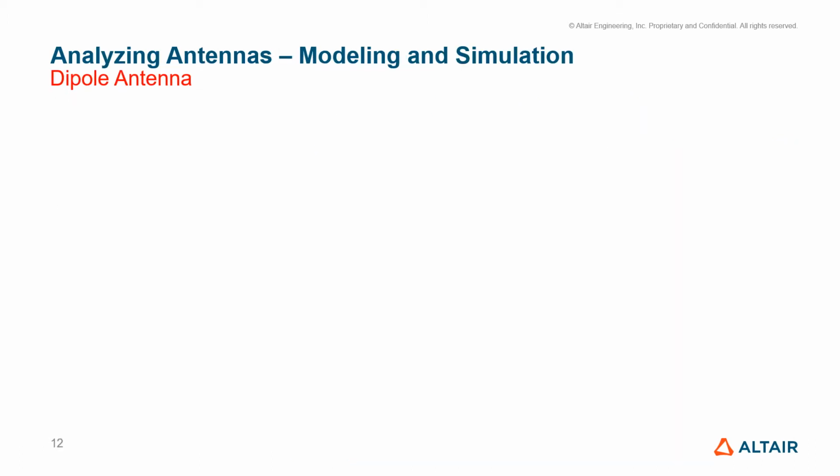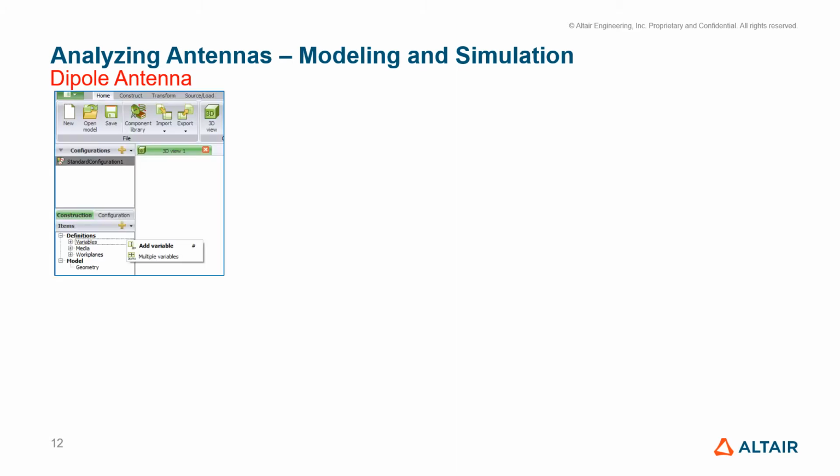The same problem can be analyzed with modeling and simulation using a tool, for example, the Altair Feko tool that we'll talk about a little bit later. Here, typically it is presented with a CAD interface like the one I'm showing. You can also have variables, that is, you can define your geometry in terms of parameterized geometry.